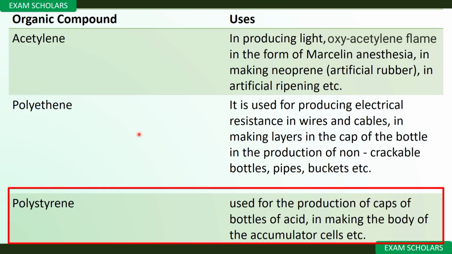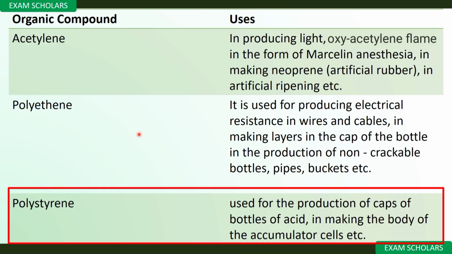Now, because we have different types of plastic and plastics are being made for different purposes, you cannot compare the kind of plastic that will be made for your water bottles and the kind of plastic that will be made for accumulators for containing acid. You know, the one that will contain acid should be strong.